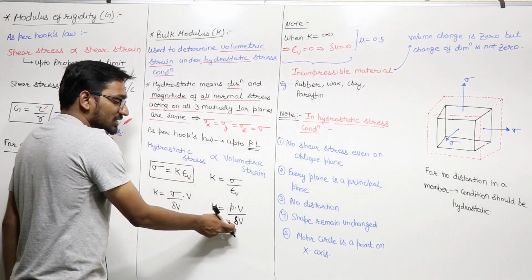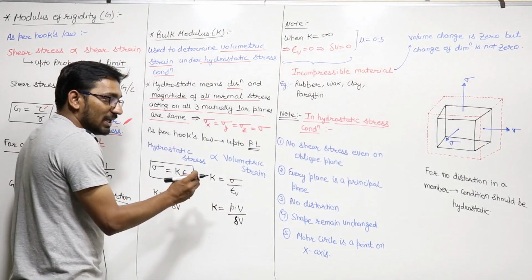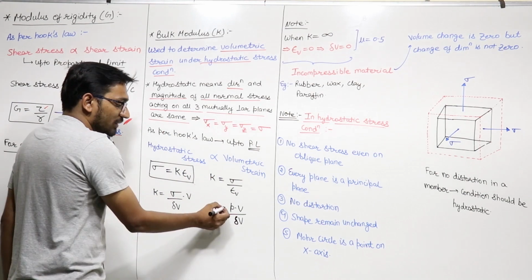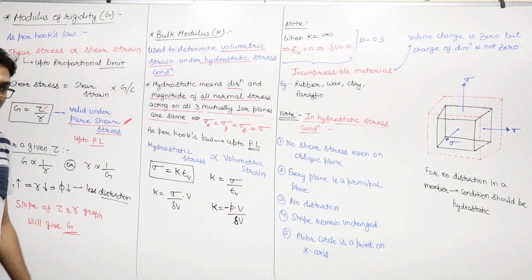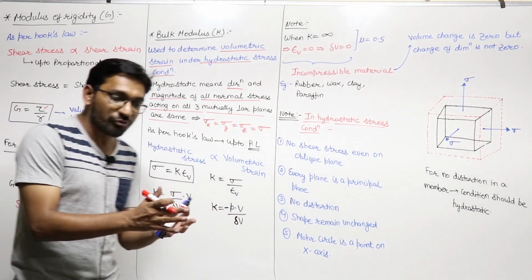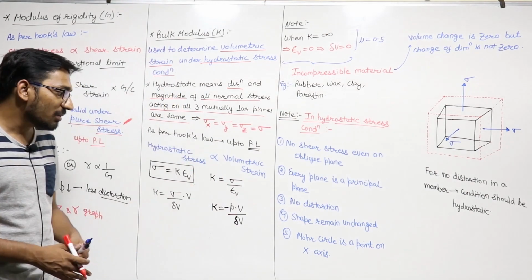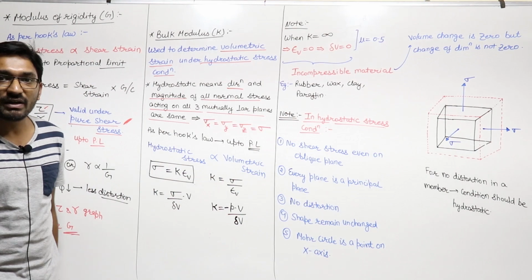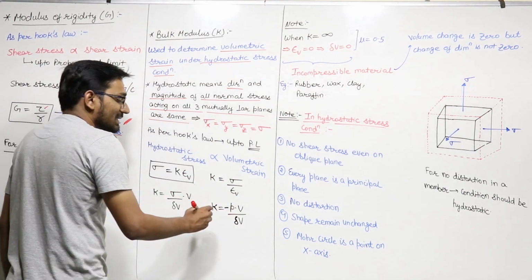So if this change is minus, then K will be minus. But we know that the value of an elastic constant is always positive, so that's why I am using a minus sign here, to make K positive, because under the effect of pressure the volume of the body will decrease.